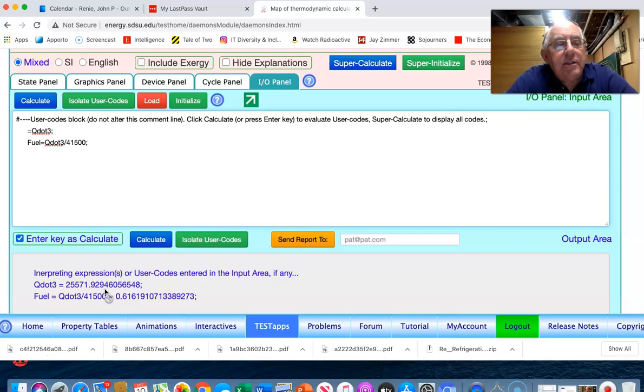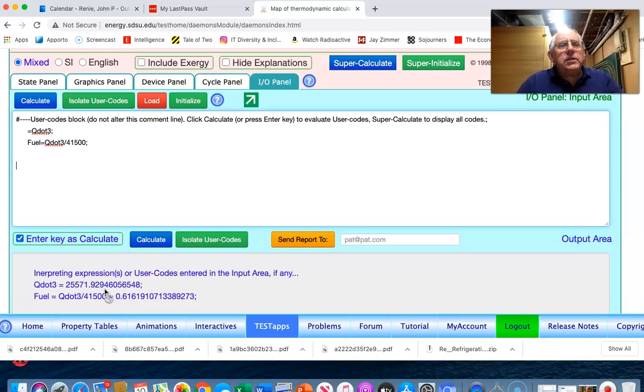So this tells us that we need to bring in 0.616 kilograms per second of the fuel to provide that heat transfer to the 35 kilograms per second of air going through the system. So that answers the question about the rate of fuel consumption.